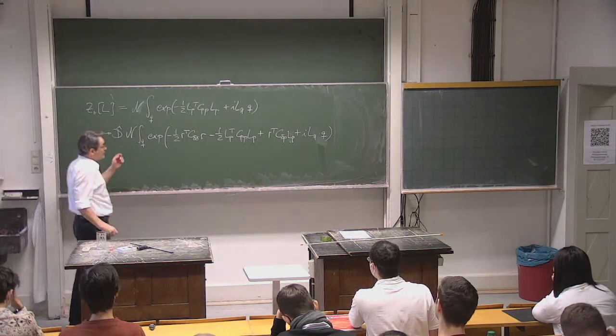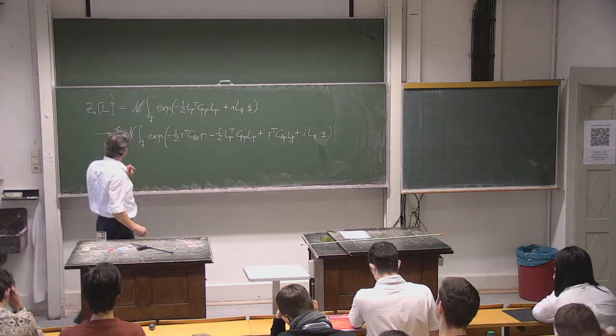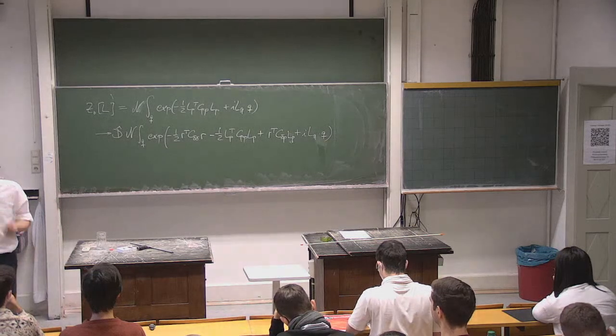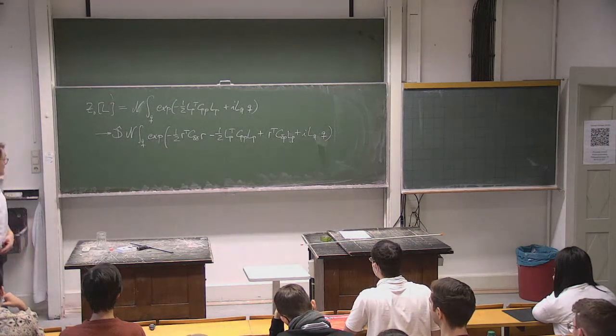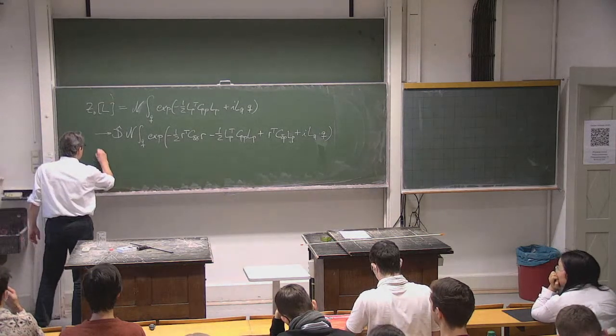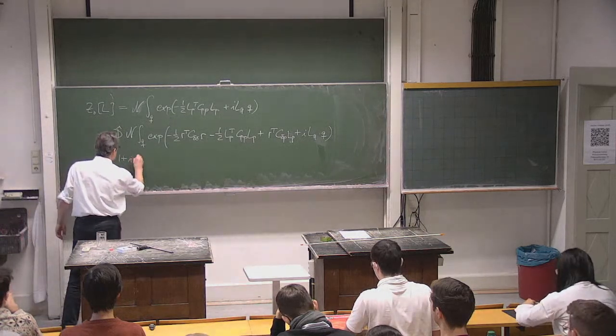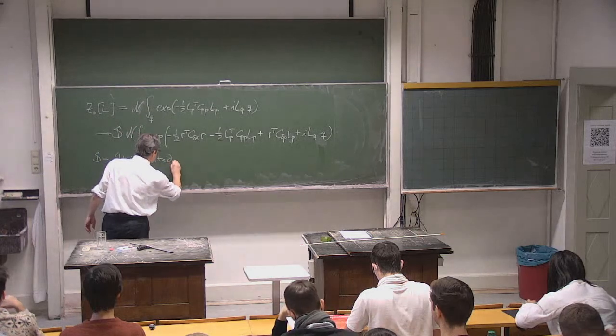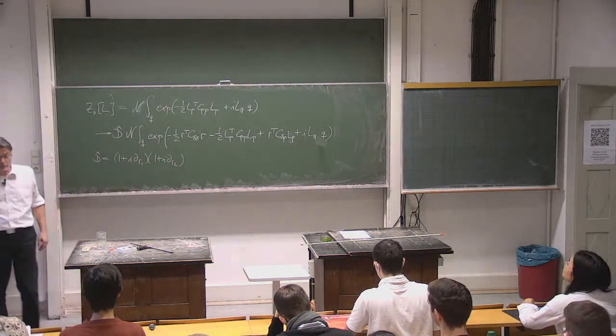Okay. And now you see the following. Suppose you want to calculate a 2-point function. Then this D hat operator is just this product of derivatives here.